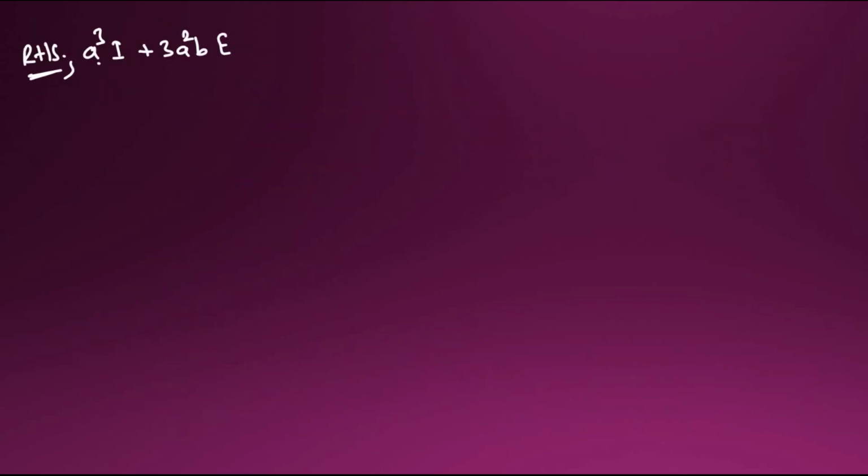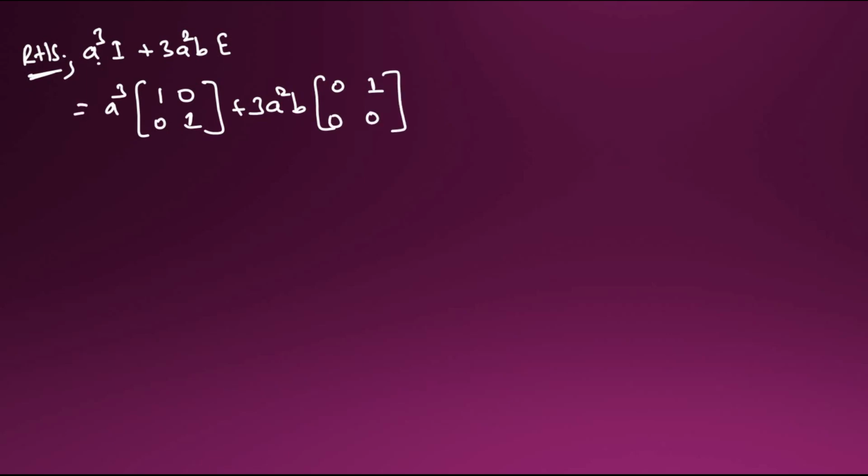Now here A cube into I is equal to what, 1001. So it is given in the question that I is equal to 1001. So 1001 plus 3A square B into E is equal to what, 0 1 0 0 is given here, okay. So this is equal to A cube 0 plus 0, A cube will come here.